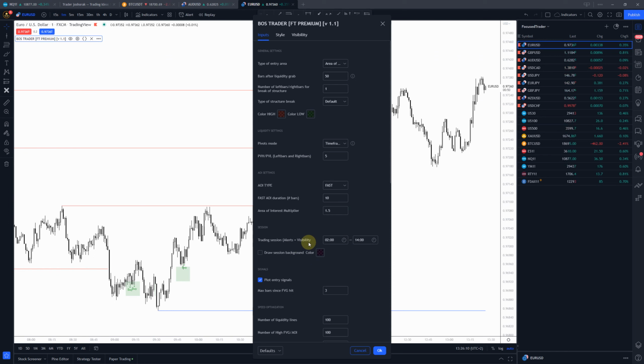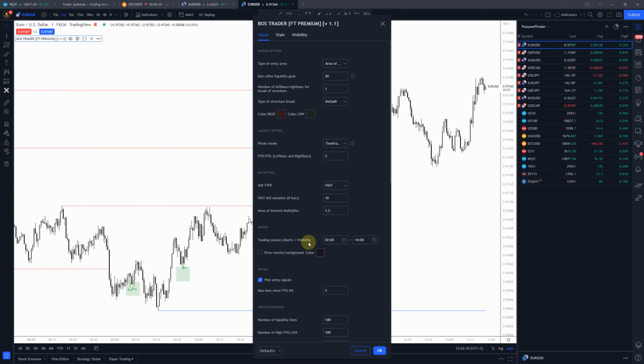So how TradingView calculates sessions is based on exchange. When you have 0 here, it's midnight at New York. So you need to turn on the background and check if it matches your time zone, your preferences, because this setting will affect when the alerts will be triggered.